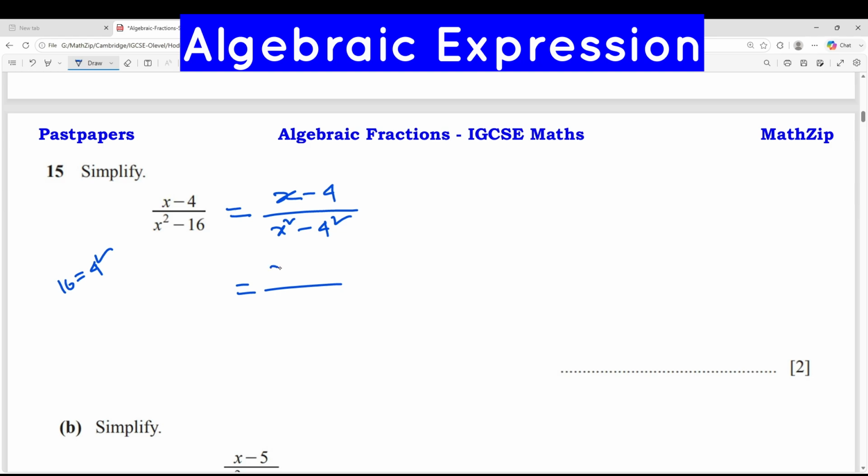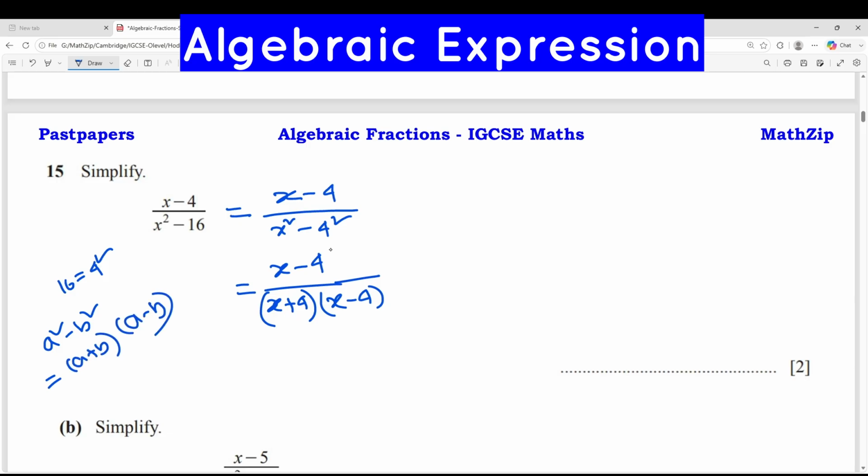So then x − 4 over (x + 4) times (x − 4), right? Why? Because we know a² − b² equals (a + b)(a − b). So this x − 4 out. Our answer will be 1/(x + 4). So here is 1/(x + 4).